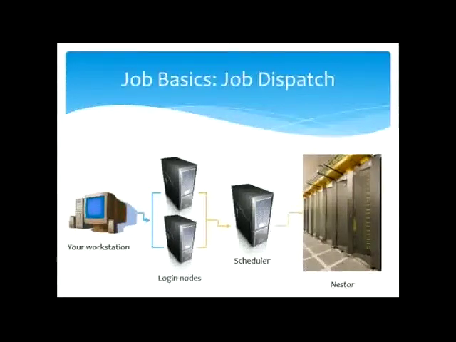When the scheduler receives your job request and tries to decide when and where it should go, it looks at what's running there right now to see what resources are available. There might be no nodes available, there might be 5 cores, there might be 100 cores. And then it also looks at the priority of your job. The priority of your job might depend on a number of factors, but the most important one is called FairShare.